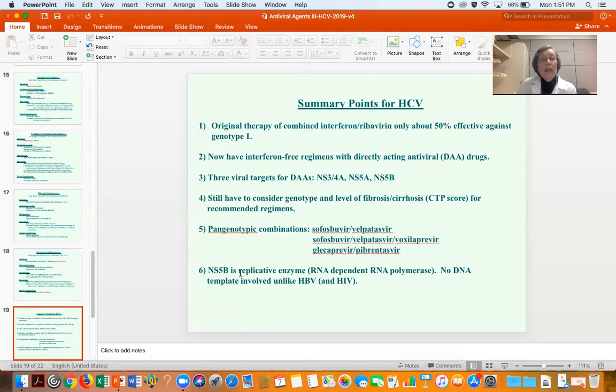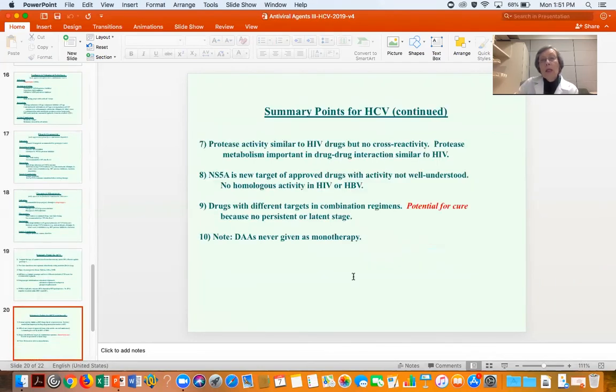So NS5B is a replicative enzyme, an RNA-dependent RNA polymerase. So note that there's no DNA template involved, which is unlike HBV or HIV. The protease inhibitors have protease activity that's similar to the HIV drugs, but there's no cross-reactivity.